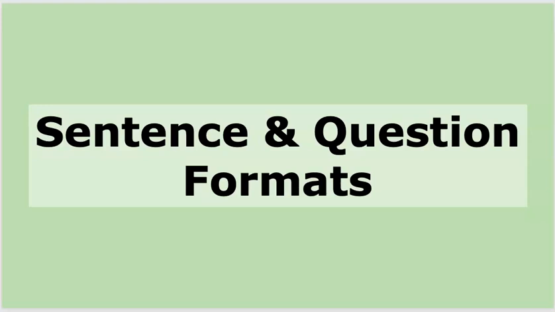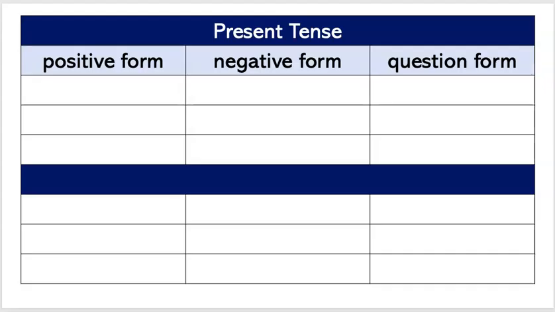Now let's look at some sentence and question formats. The good news is that the past tense follows the same format as the present tense. Let's review. We have an affirmative or a positive form, a negative form of sentences, and then we have the yes-no question form.